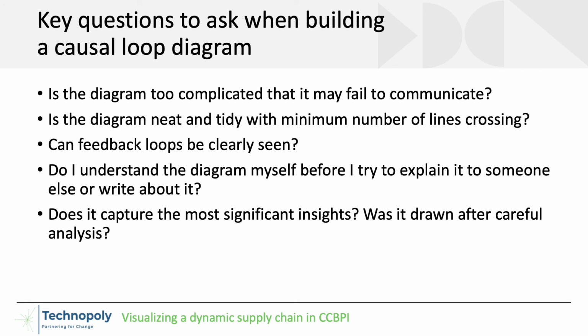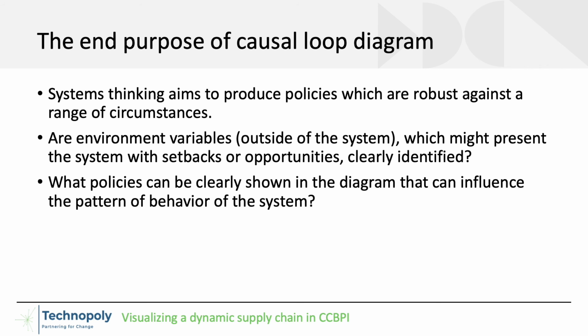And finally, does it capture the most important insights? Is there any careful analysis drawn out of it that would give insights into what we can do about the situation? At the end, one of the main reasons why we do a causal loop diagram is that we want to apply a systems thinking perspective to understand the system and come up with better policies, better ways to manage the system that will be robust against a range of circumstances.